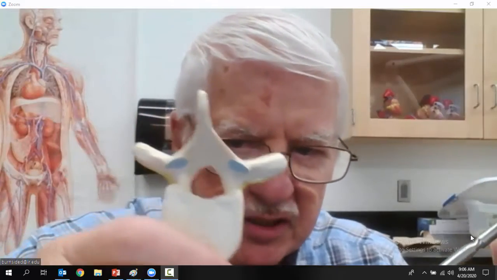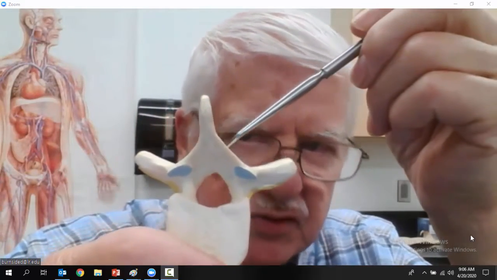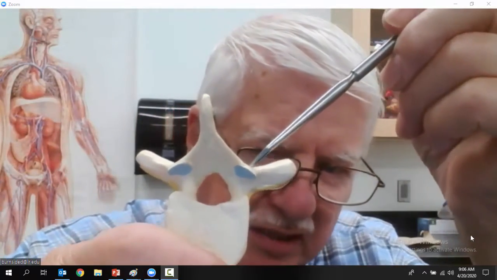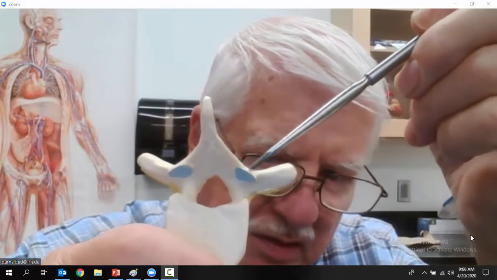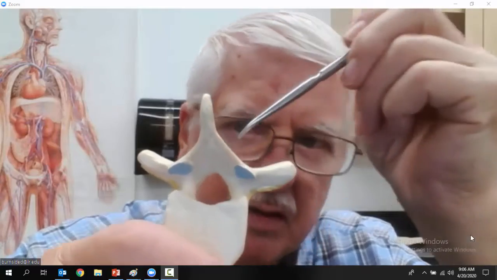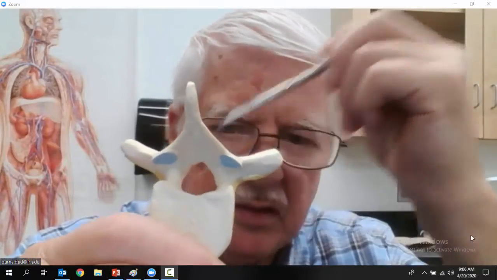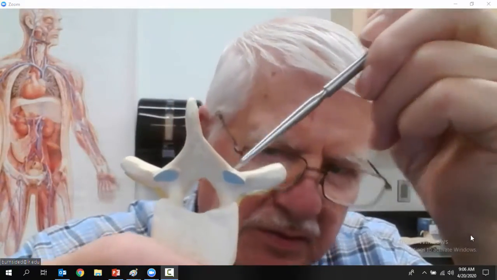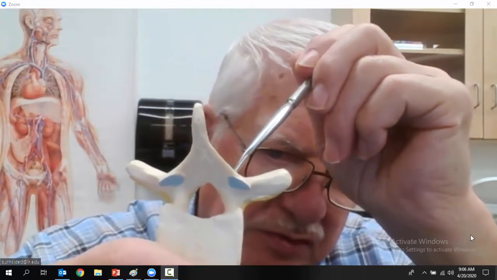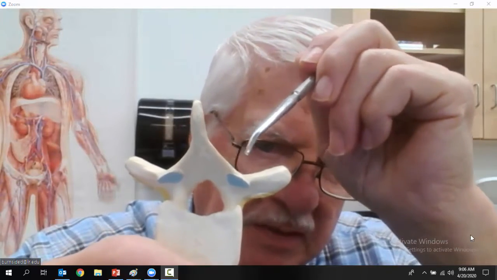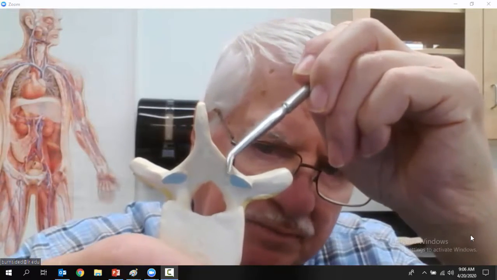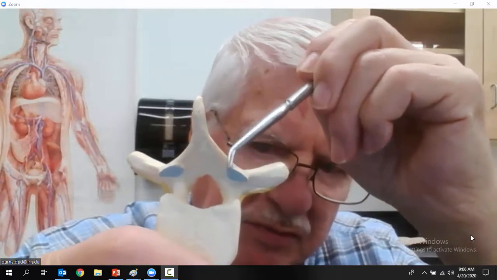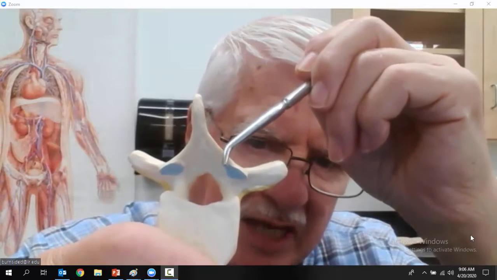Now, another thing you'll notice is there's an arch. It's called the vertebral arch that is formed around the foramen. You know what an arch is. Now, there's a top part of the arch which is above the transverse process, and that's called the lamina.